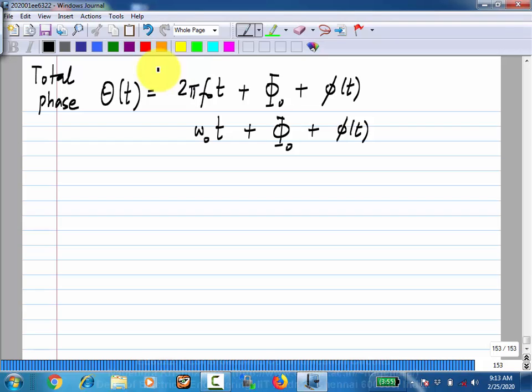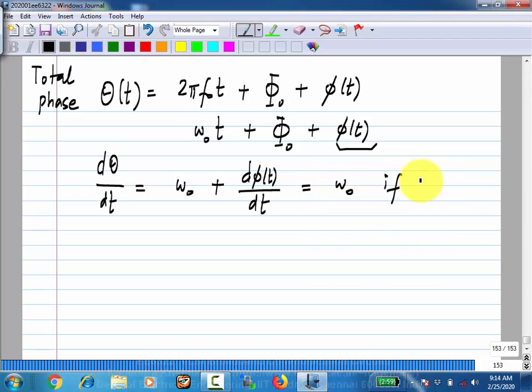Now if you differentiate this with respect to time, you will get omega naught plus any deviation due to phi of t. And of course, this will just be omega naught if you don't have this phase deviation. So to get the frequency from the phase, you have to differentiate it.